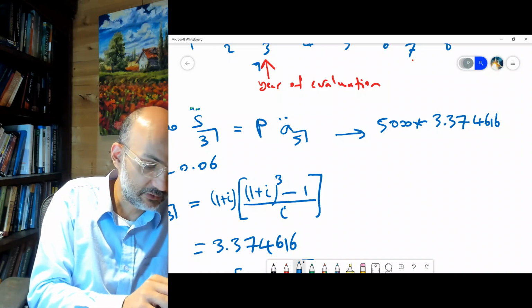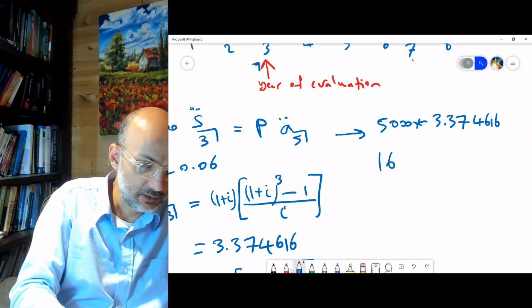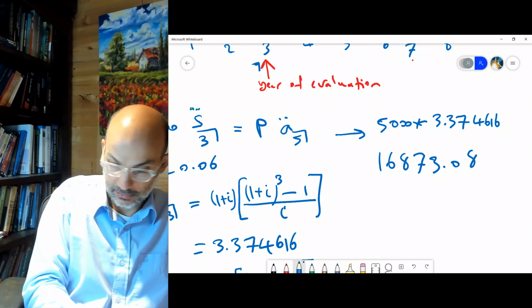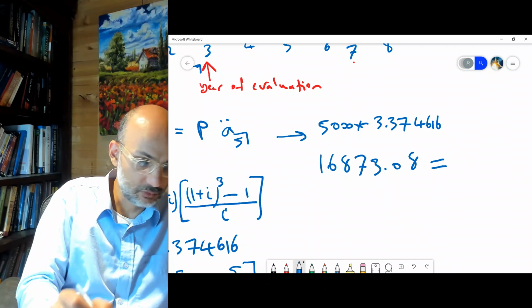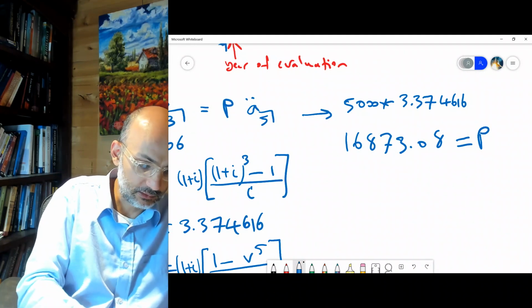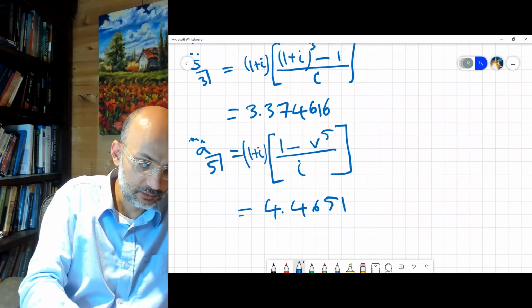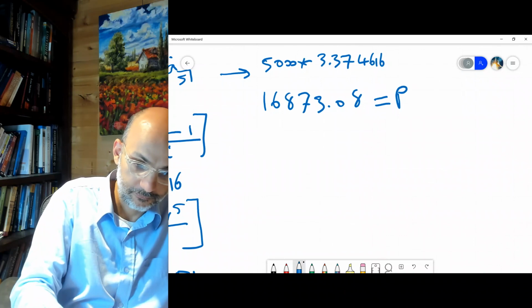Multiplied by 5,000, this gives us 16,873.08, and this will have to be equated to P multiplied by 4.4651.